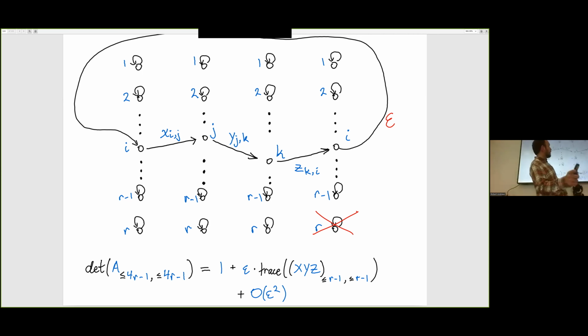One other thing I'll mention is if you've deleted this entire final column, then the determinant of the adjacency matrix is 1, because you can only use the self loops. There are no other cycles in the graph. So that already takes care of the small determinants in our product. Once the determinants are small enough, they're all 1, and 1 times something is something.